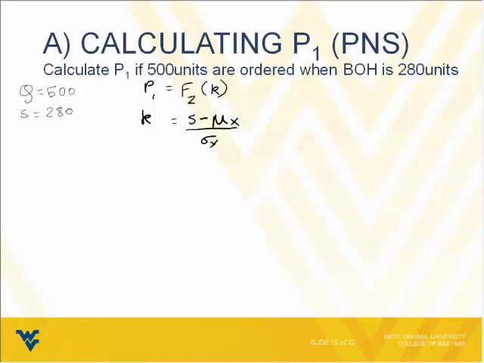That means you divide by its standard deviation. When you do that, you get its standardized value for a normal distribution.